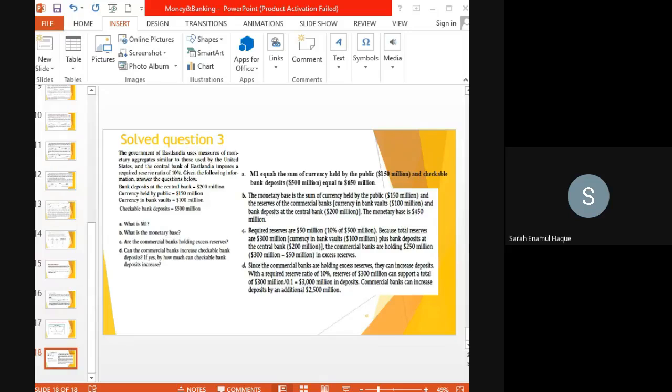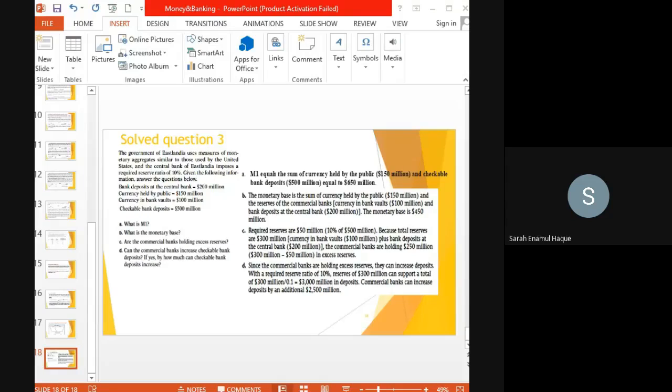So suppose the required reserve amount is 100 taka. Now the commercial banks may choose to deposit, say, 200 taka to the central bank. But this is not the required reserve amount.